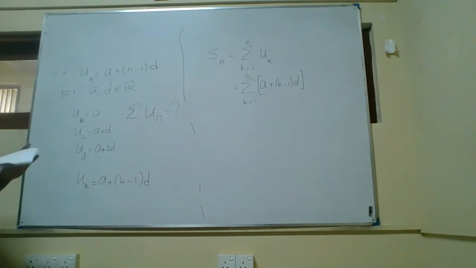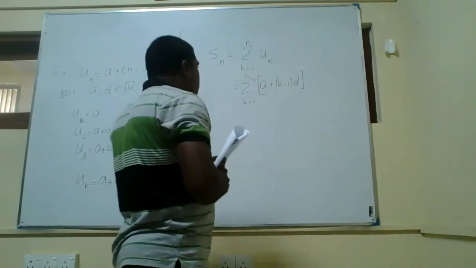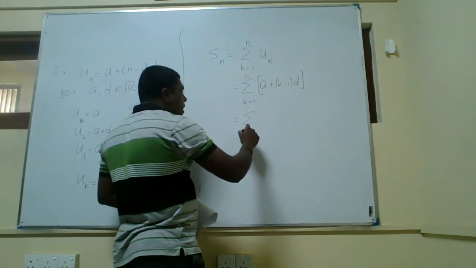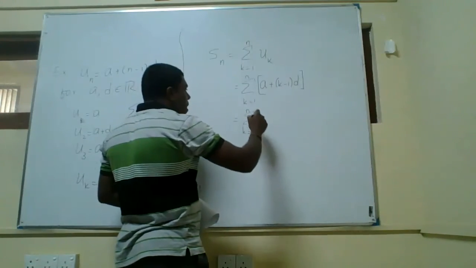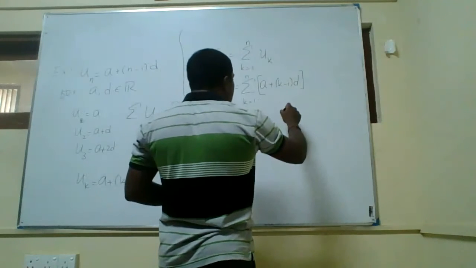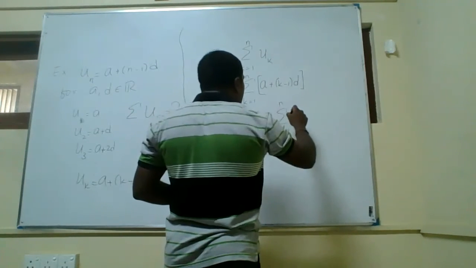Now what we do is separate the summations. There are three terms here, so I'm going to separate them. This is the summation of k running from 1 to n of a, plus the summation of k running from 1 to n of dk, minus the summation of k running from 1 to n of d.